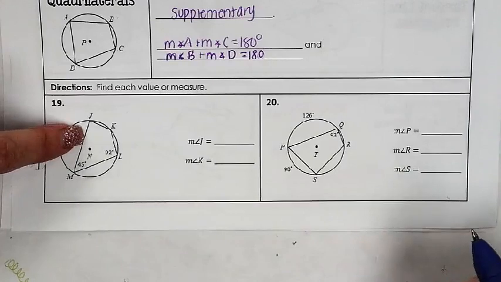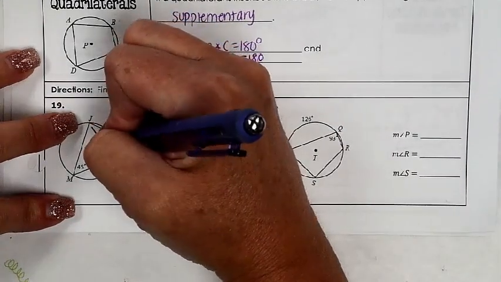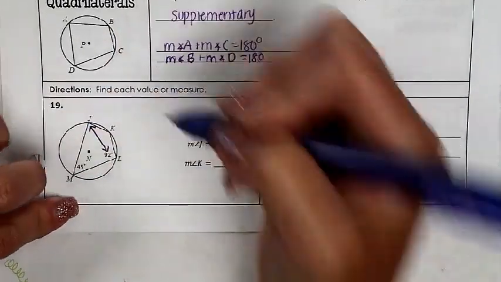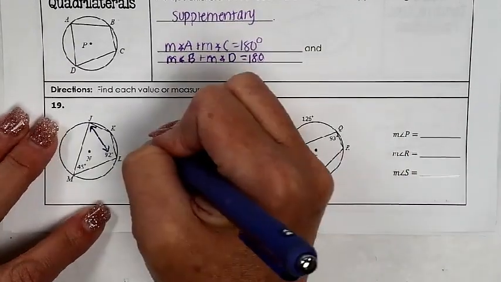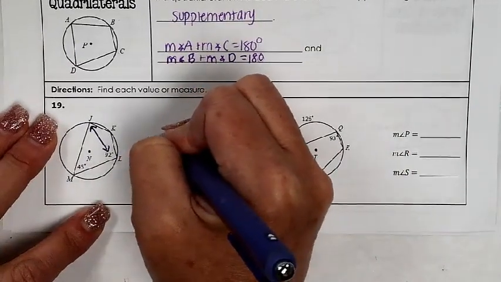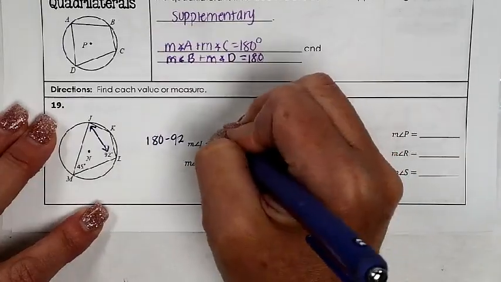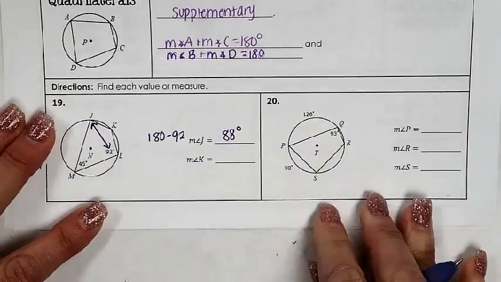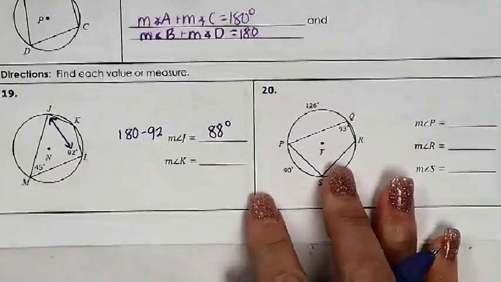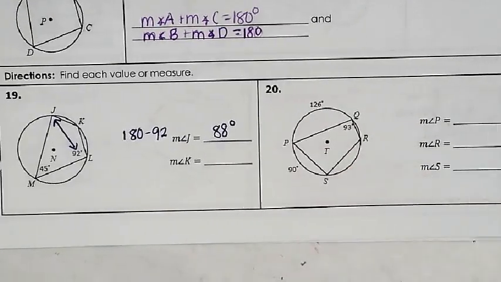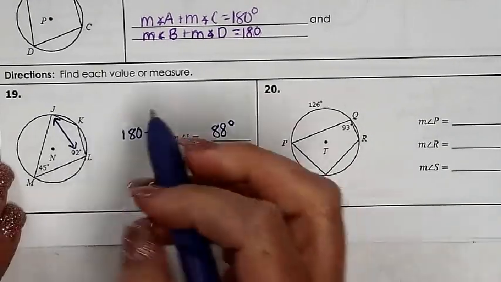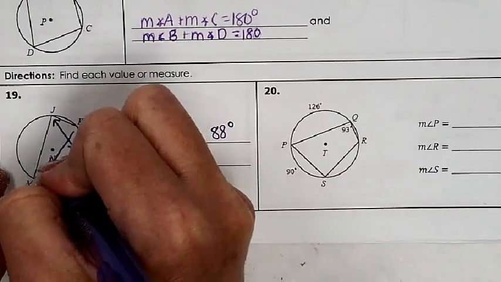So 180 minus 92 would give me J, which is 88 degrees. And then for angle K, K is across from M. So those are supplementary. So 180 minus the 45 would give me 135 degrees.